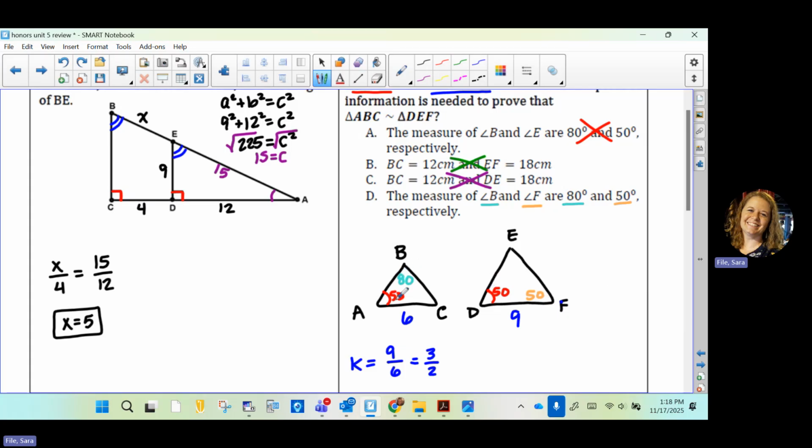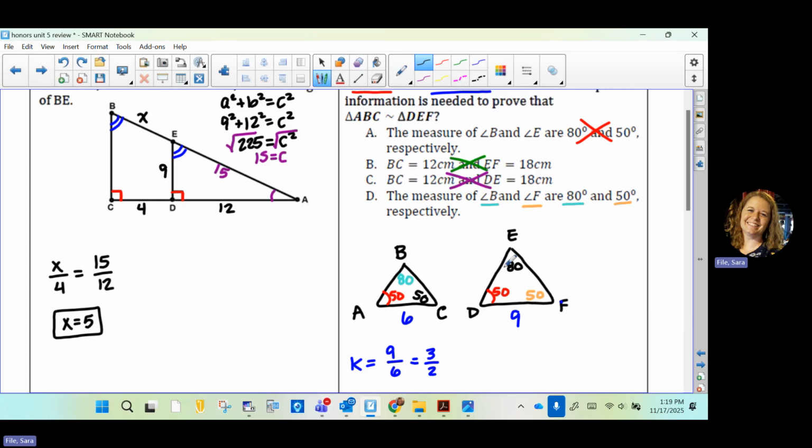If we have two angles of a triangle, can't we find the third because they have to add to 180? So what would angle C have to be if angle B was 80 and A was 50? This would have to come out to be 50. If these were both 50 down here, what would angle E have to be? It would have to be 80 because of triangle sum. Now, is that enough to prove these are similar?